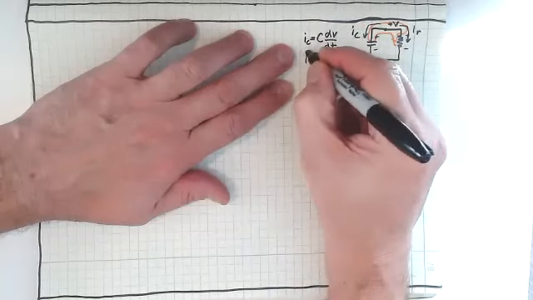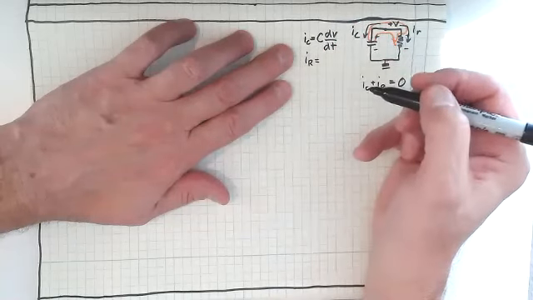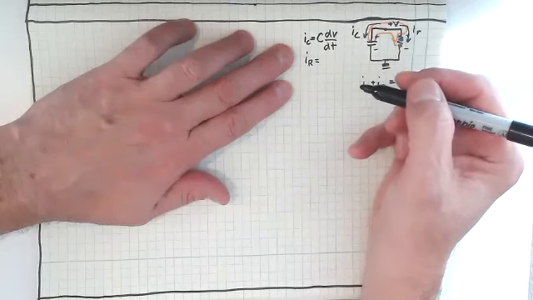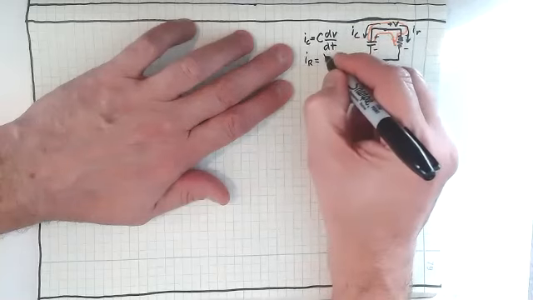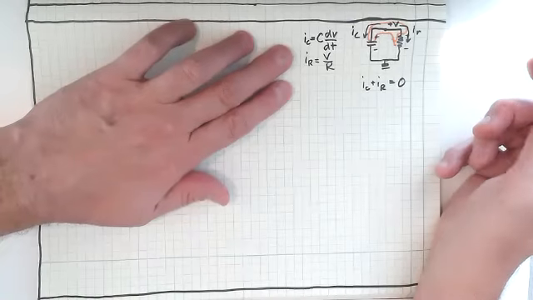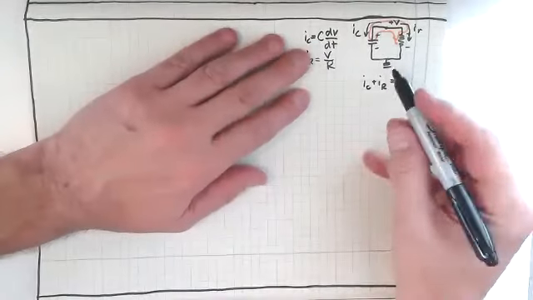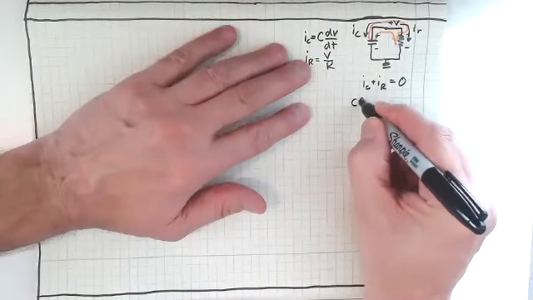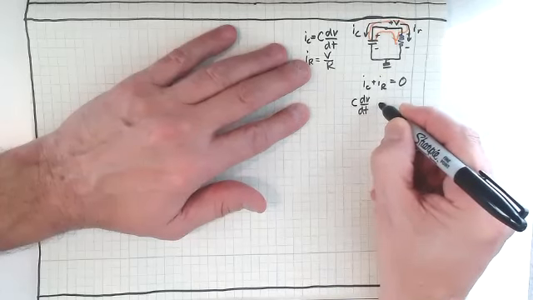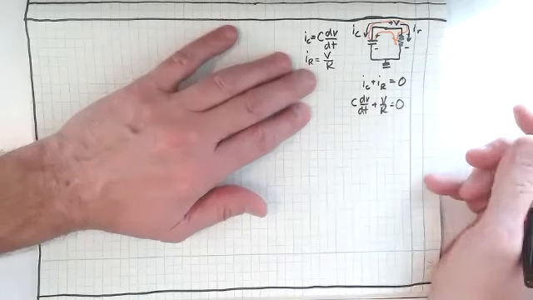And we know that I sub R is just going to be, V equals IR, so I has to be V over R, doesn't it? Right? So I sub R and I sub C, we can just replace them. So I've got C dV/dt plus V over R equals 0.